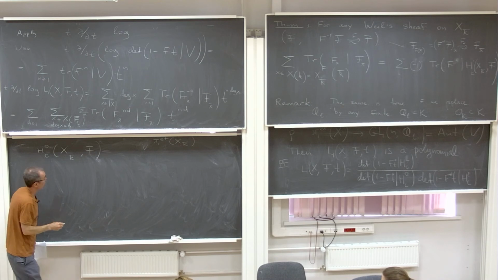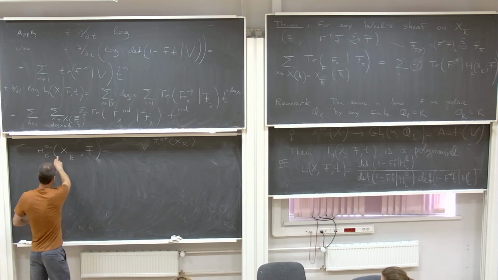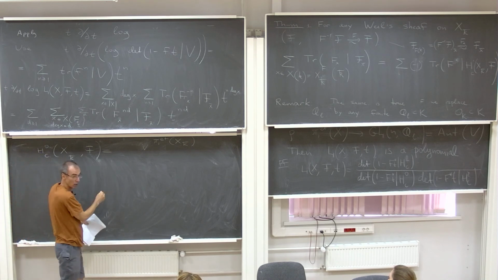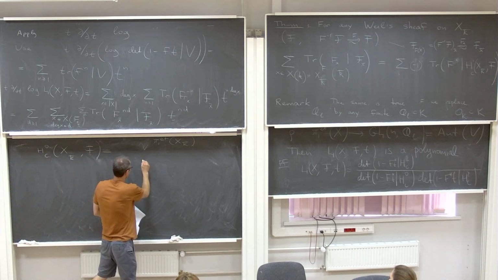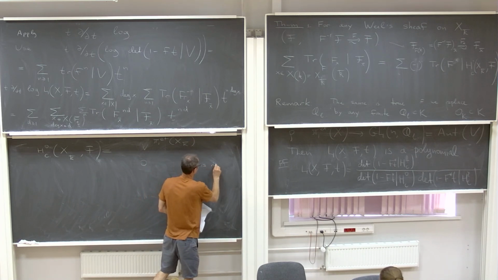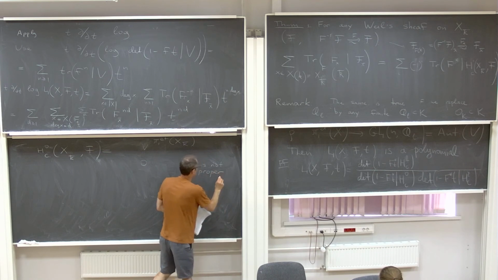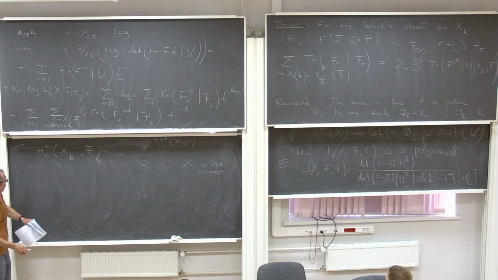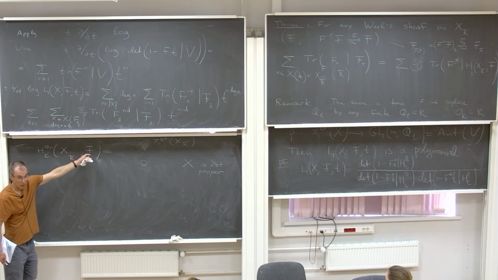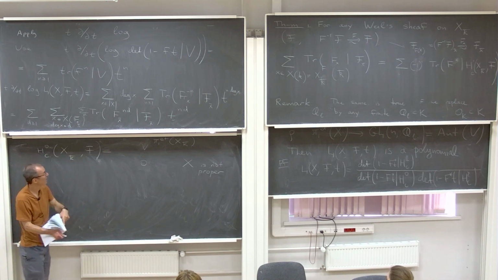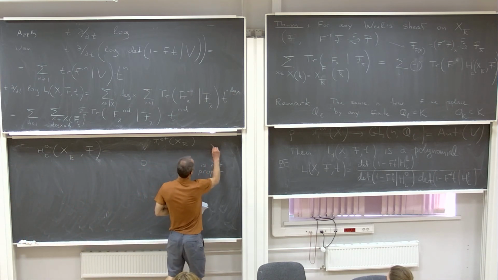So that is the usual homology. And the homology with compact support is either equal to 0 if x is not proper, which is obvious because you take global sections which vanish at infinity, or this if x is proper.